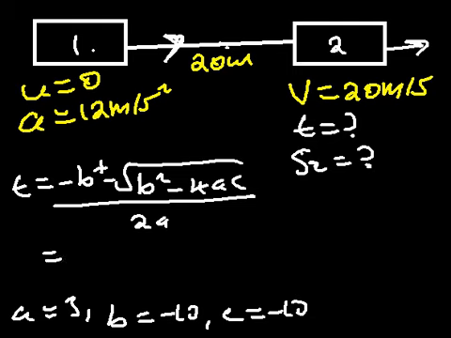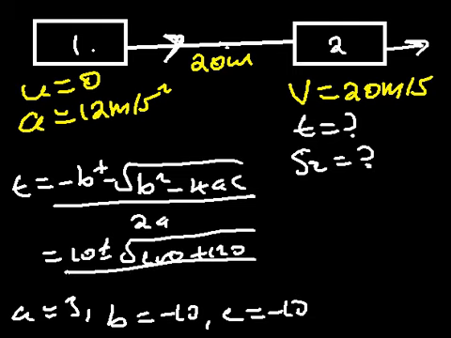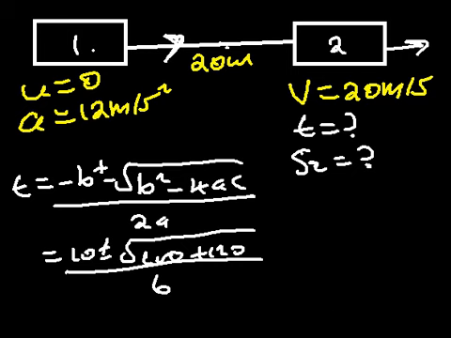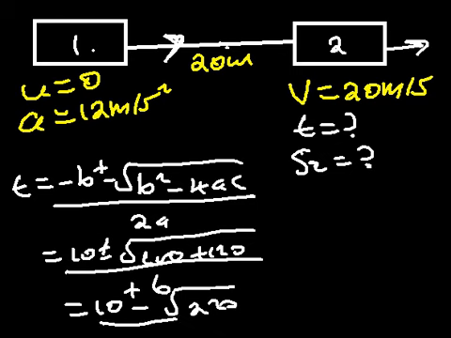In this case we'll have positive 10 plus or minus the square root of 100, and then negative 4 times 3 times negative 10, which is a positive 120, divided by 6. So we have 100 plus 120, or 10 plus or minus the square root of 220, divided by 6.